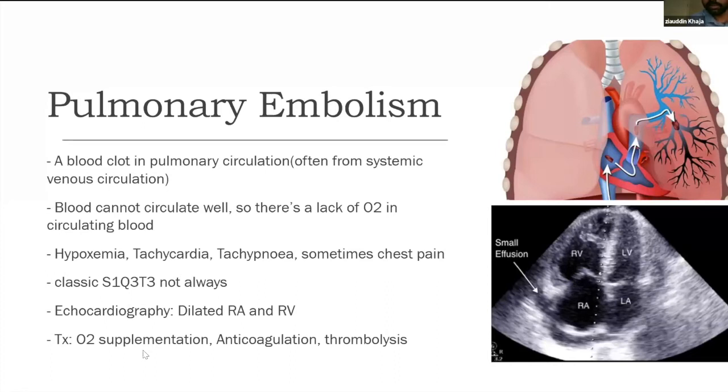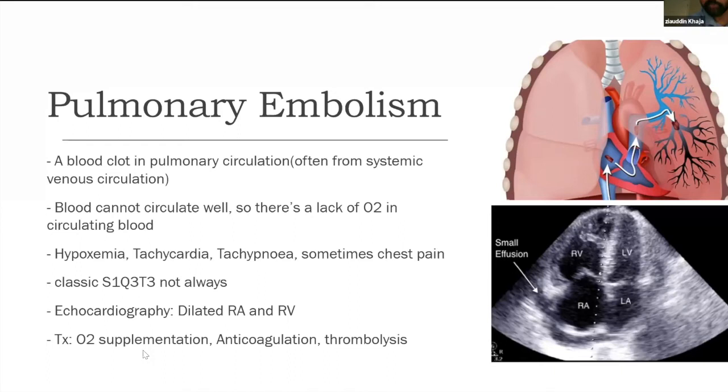Exactly. Yeah. Somebody who's unstable, especially if the patient is hypotensive and this could be PE, then we call it massive PE, and we need immediate interventional pulmonology or interventional radiology to come and help us.